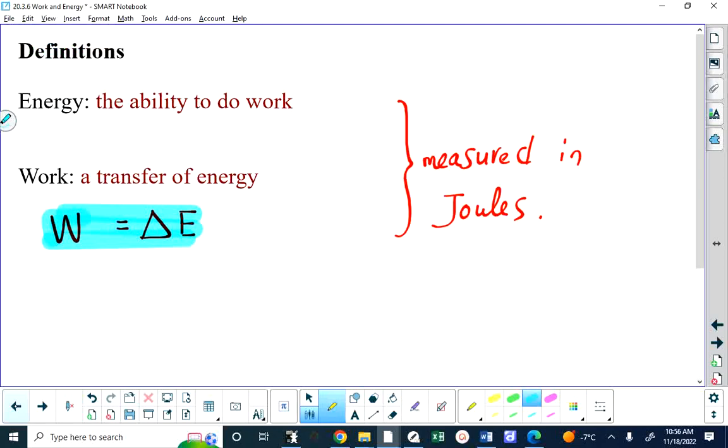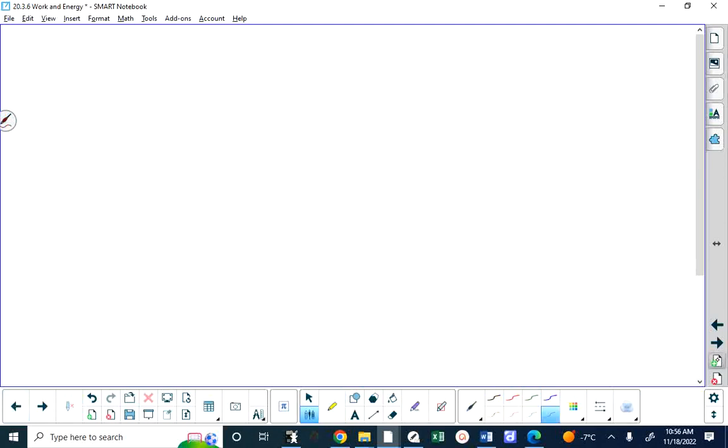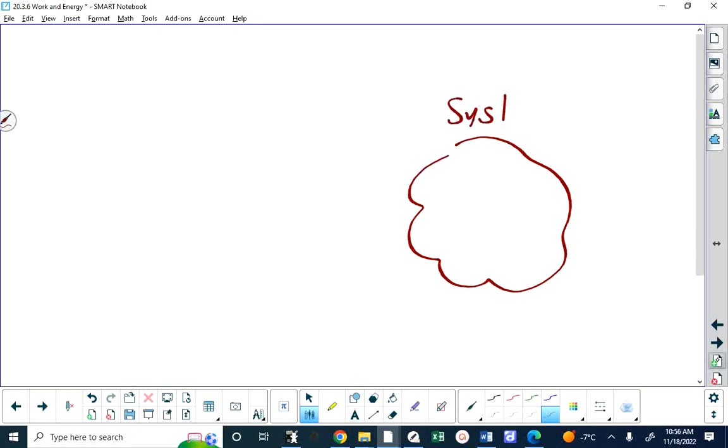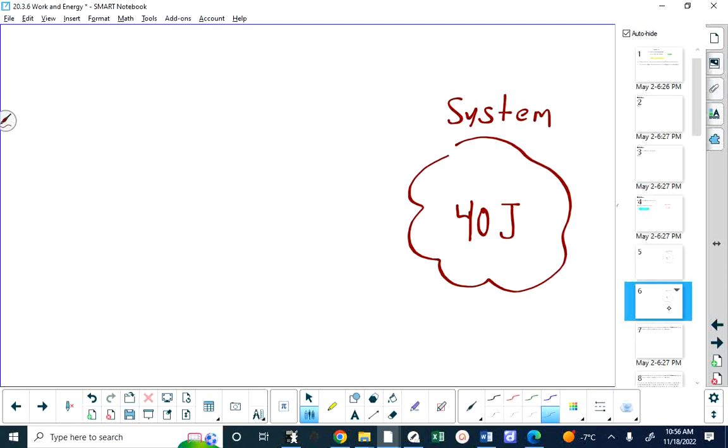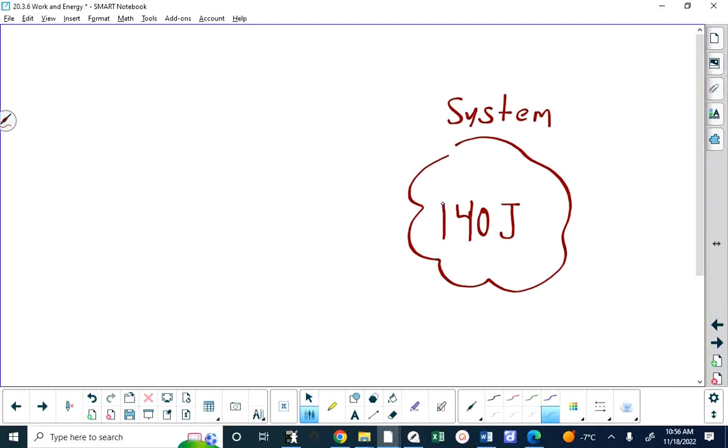And again, I know that I'm being overly repetitive here, but if there is in a system 40 joules of energy, then you look away for a second, and when you look back, there's 140 joules. So the system goes from having 40 joules to 140 joules.